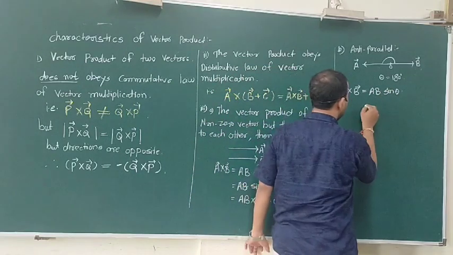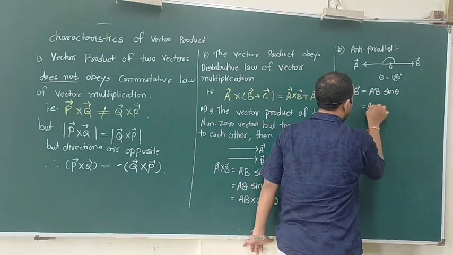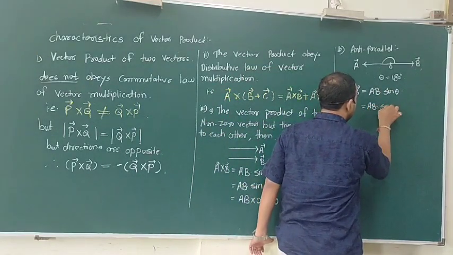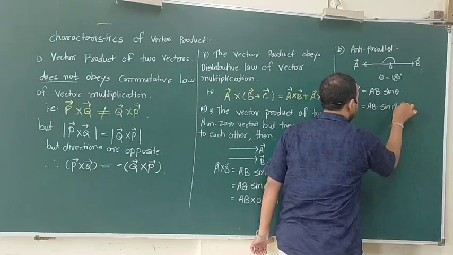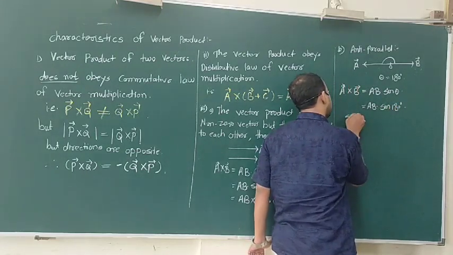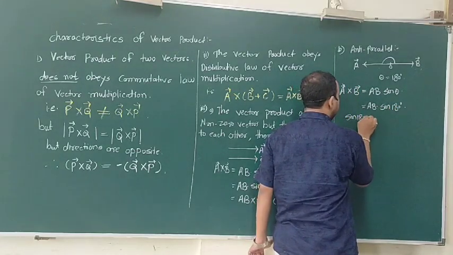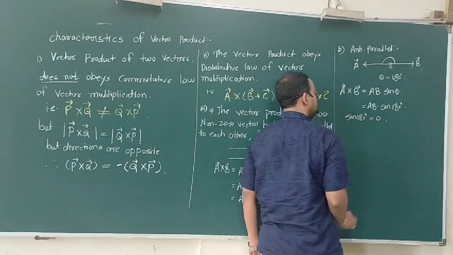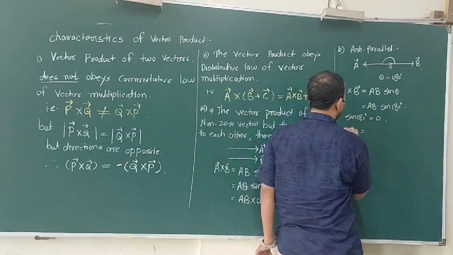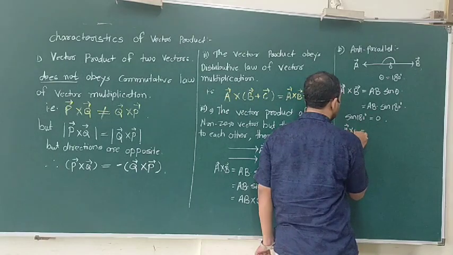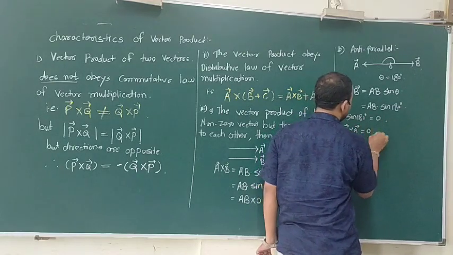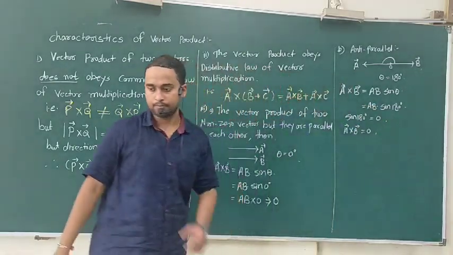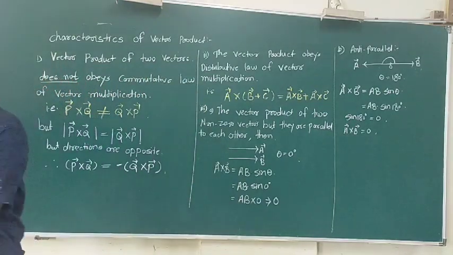Now substitute the value of theta, that is ab into sin 180 degree. So sin 180 degree is equal to 0. Therefore a bar cross b bar is equal to 0.